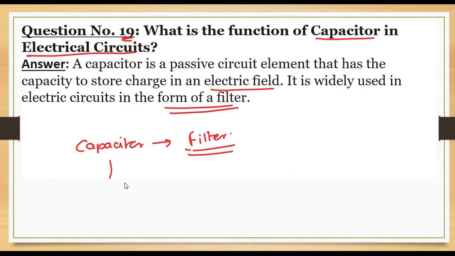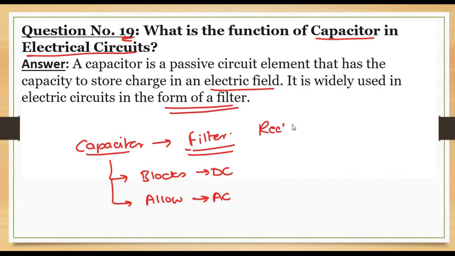A capacitor blocks, or does not allow, the flow of DC through it and allows the flow of AC through it. Now, for example, one application is in rectifiers. Suppose this is the circuit of a rectifier and this is the output. Now in that output a capacitor will be placed.